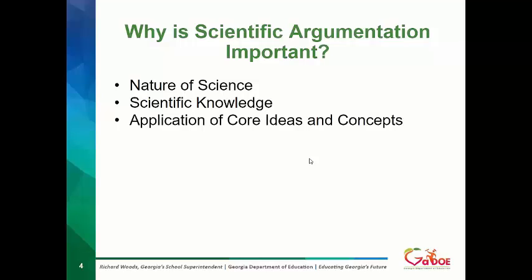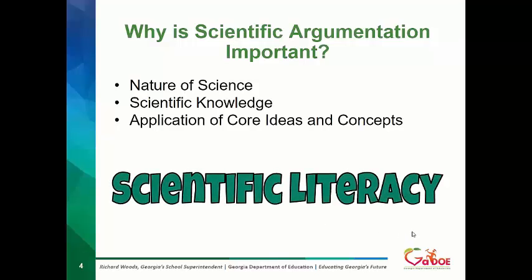So it also, with the application of core ideas and concepts, allows students to develop those skills of critiquing and evaluating, which are higher order thinking skills, for evaluating that evidence and explanations of phenomena. And it leads to what we ultimately want our students to graduate being, scientific literacy, being literate in understanding the nature of our world and the nature of science.